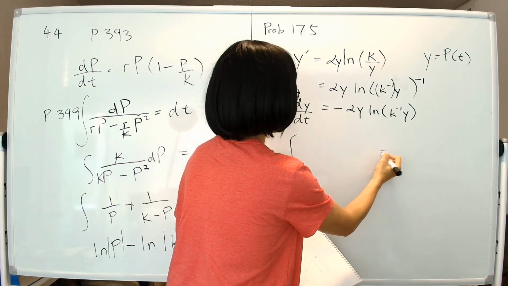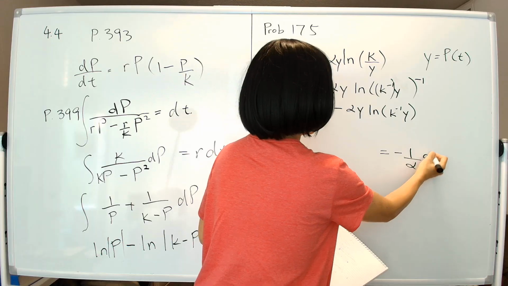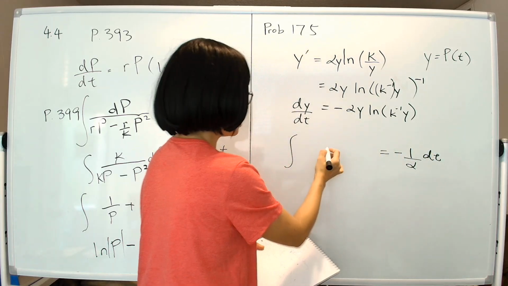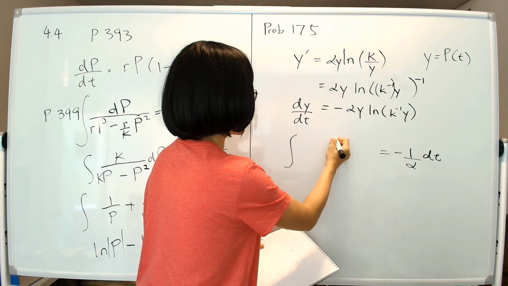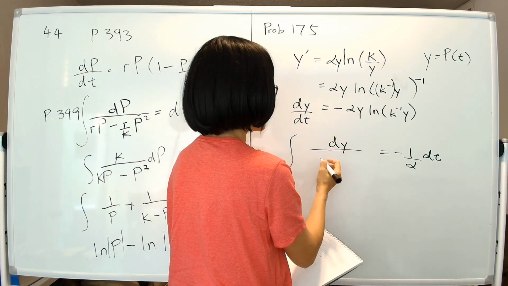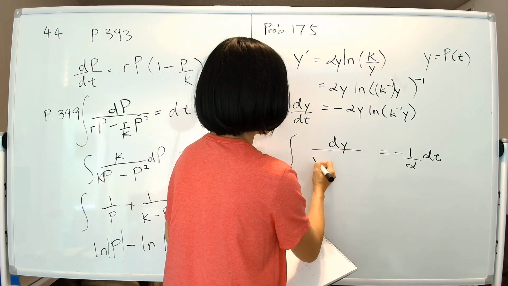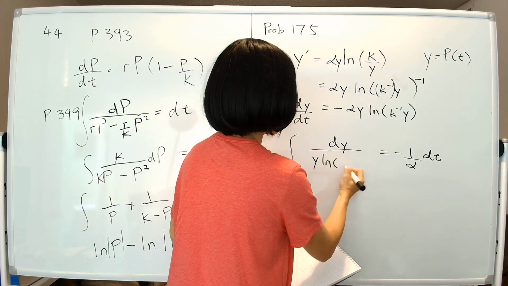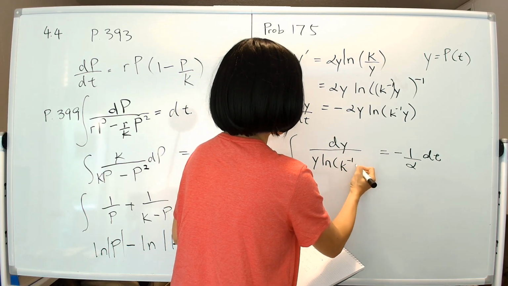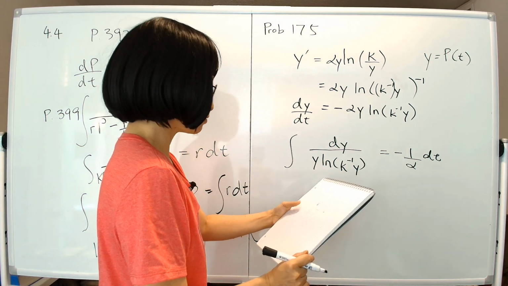So the minus and the alpha go on the other side with dt, and all the other heavy lifting goes on this side, over minus alpha y natural log of k to the power minus 1 of y. All right, so far so good.